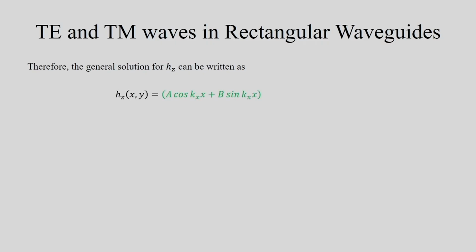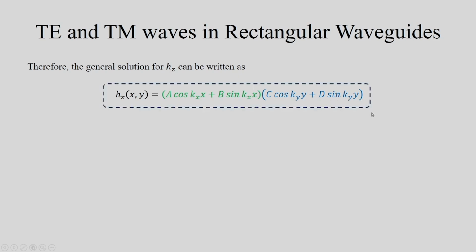We can write it as (A cos kx x plus B sin kx x) into (C cos ky y plus D sin ky y), and these constants A, B, C and D are to be evaluated from the boundary conditions.